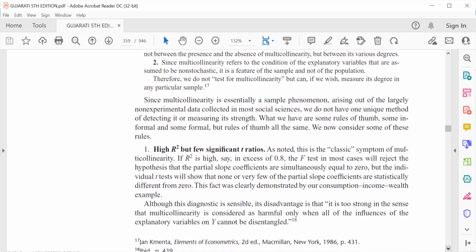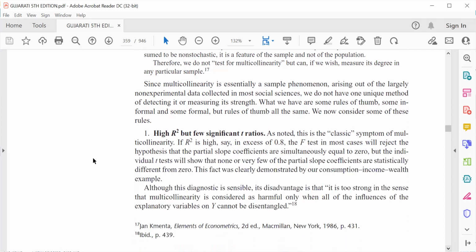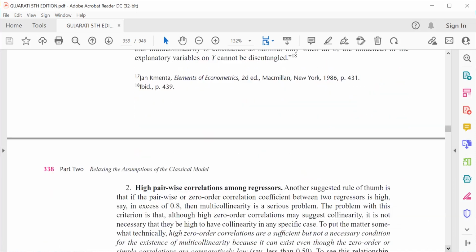What are the indications of multicollinearity? Usually we have high R square but very low T ratio. This is an indication of multicollinearity.